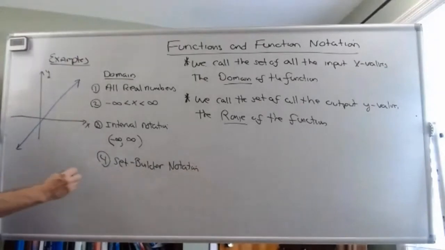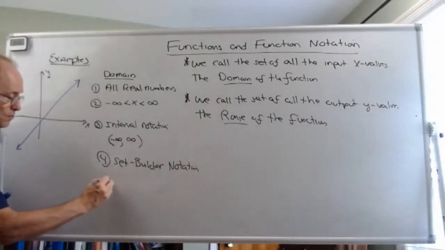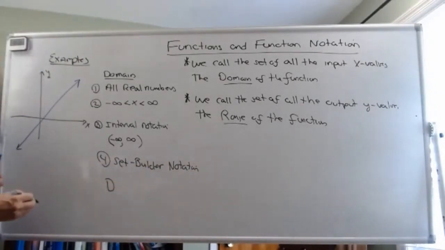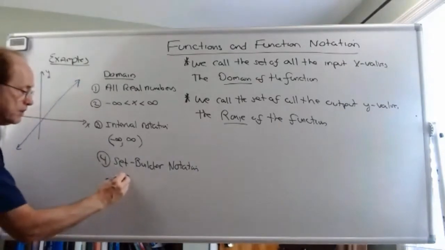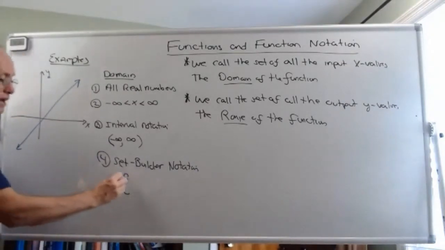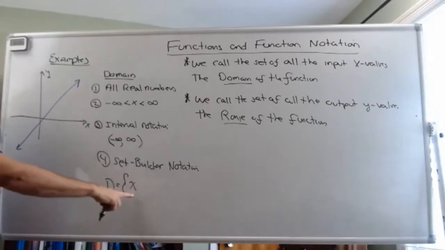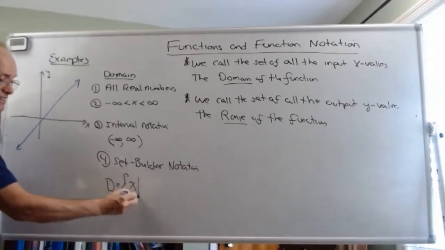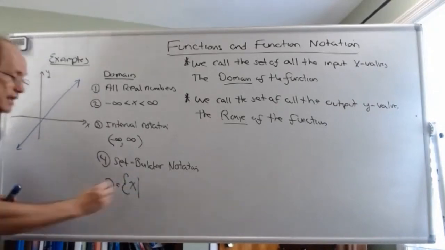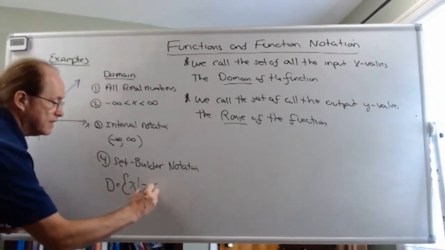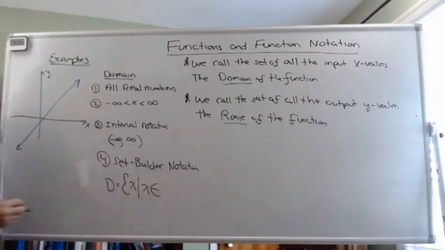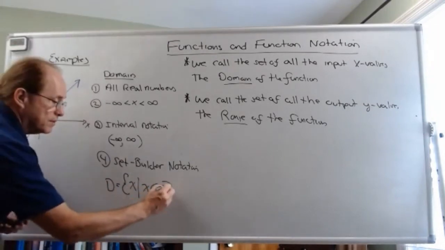And you would write this. So in essence, your domain, D for domain, is equal to, we use the braces over here, that means the set of all elements x, that's my input, such that, the little line means such that, x, and I'm going to use this epsilon, which is an element of the real numbers.